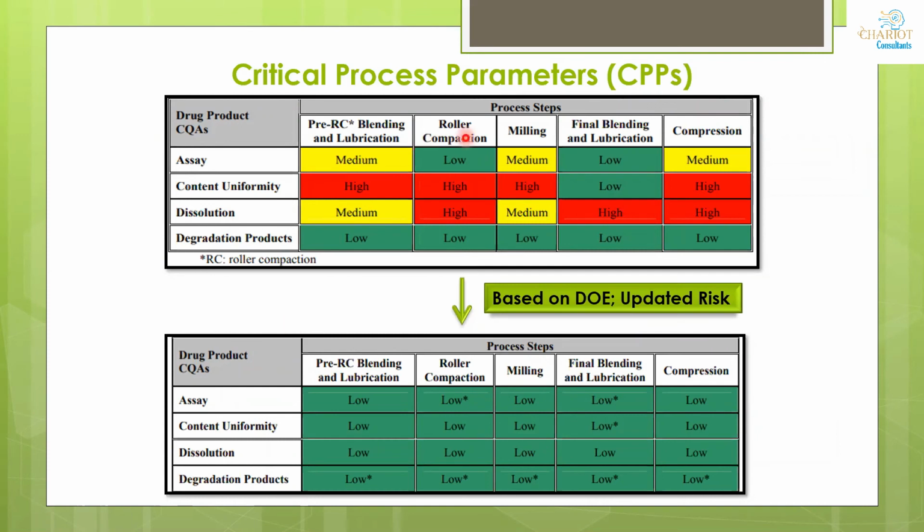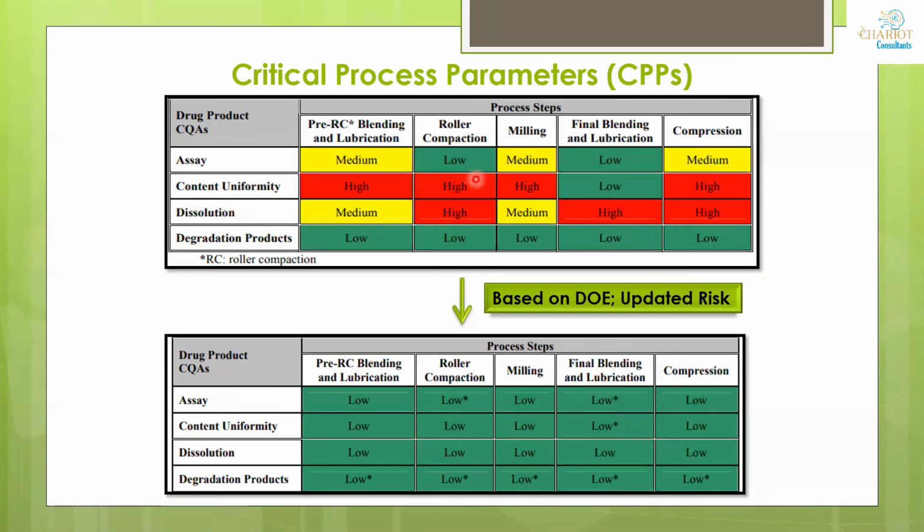Your roller compaction, when you are doing the dry granulation process, how can it impact? It can impact if the press force is low and the granules are not too hard, and there is so much segregation of particle size, there are so many bigger particles and smaller particles, your content uniformity can be impacted.